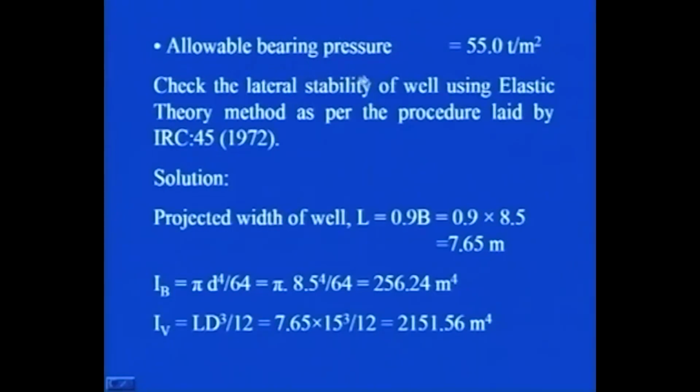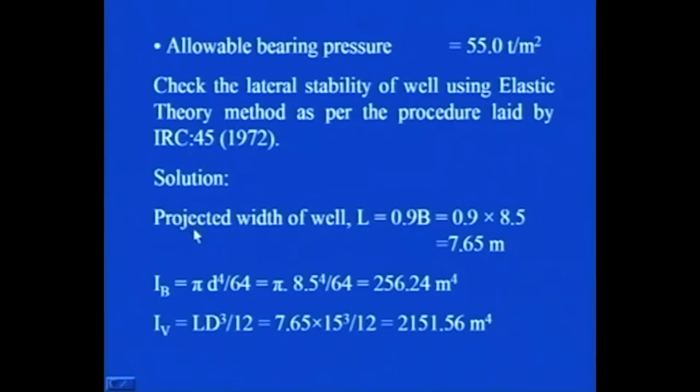And the allowable bearing pressure is 55 ton per meter square. What it says is that you have to check the lateral stability of the well using the elastic theory method as per the procedure laid by IRC 45/1972.